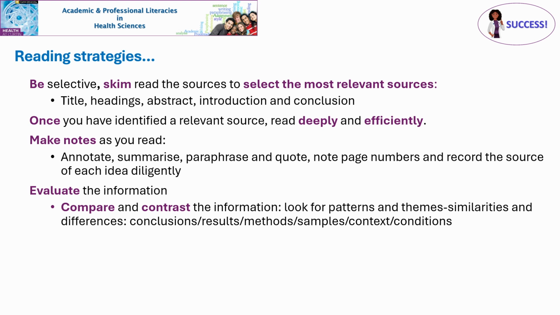And that also encourages us to look for patterns and themes, both similarities and differences. And it's our job to seek out convergences, what information supports other information, and also divergences.